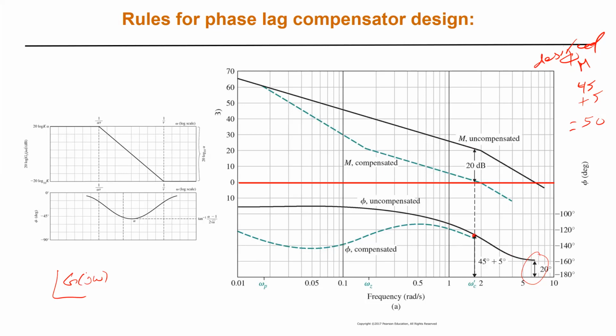If this is the phase margin, this point should go to 0, isn't it? So basically I should take out this gain from the system to force the Bode plot to go to 0.